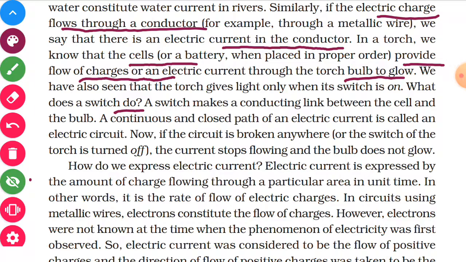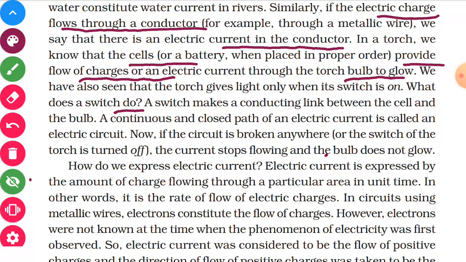So when we put the cells in the torch and we put on the switch, then we see that the bulb glows and the current is passing, and that current is because of the presence of the cell.